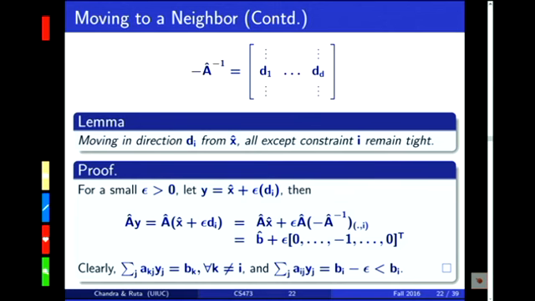And now I'm claiming that the ith column of this matrix is exactly the direction of movement when I relax the ith hyperplane at this vertex. Right? And this is what I needed, to move to a vertex, to see all the vertices. So these are all the directions of movement for all the neighboring vertices of x hat.